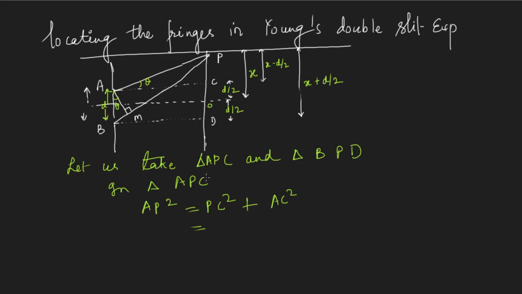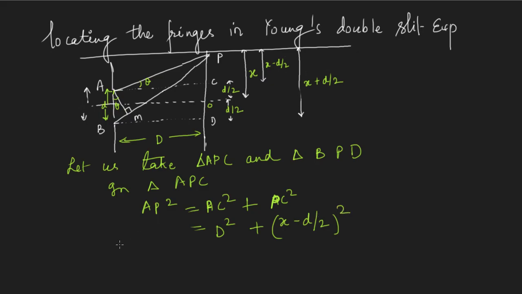The distance between source and the screen is D, so I can write D square plus x minus d by 2 whole square.